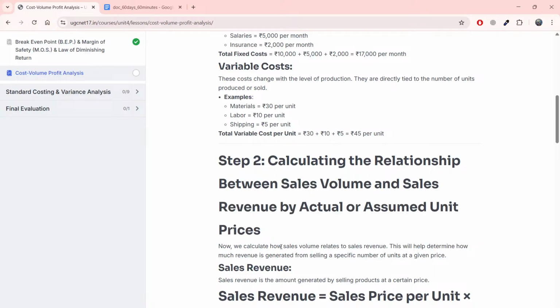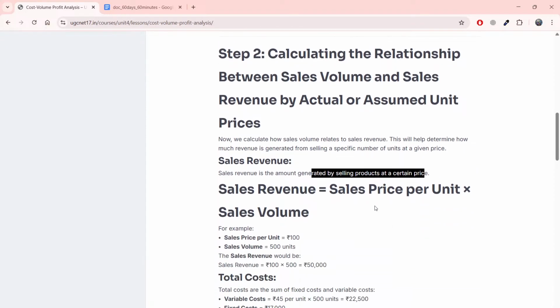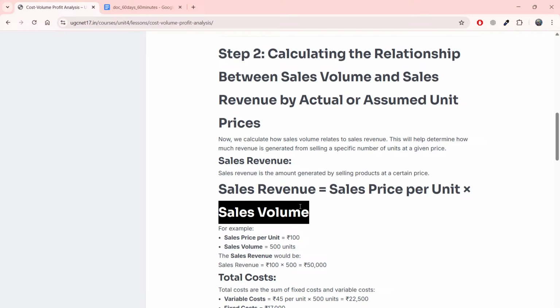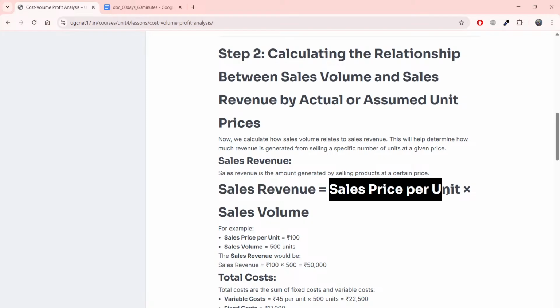Calculating the relationship between sales volume and sales revenue by actual or assumed unit prices. Revenue is the amount generated by selling products at a certain price.